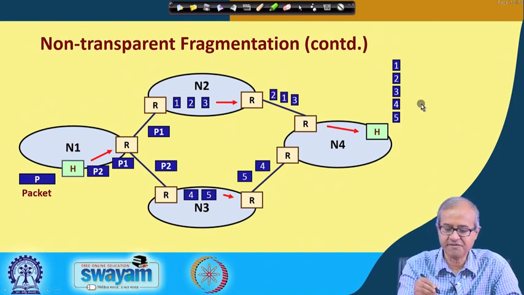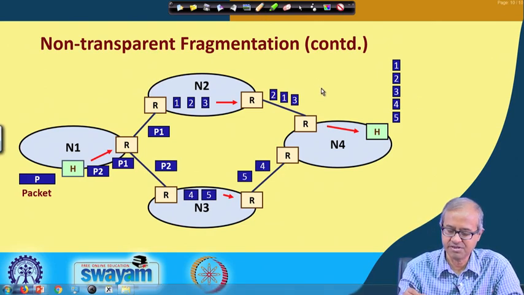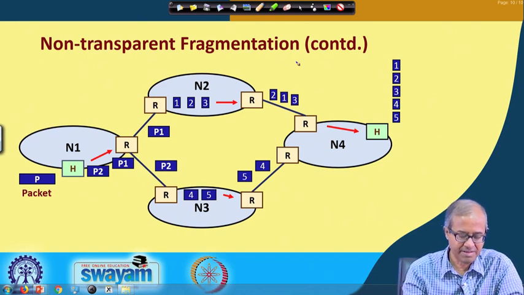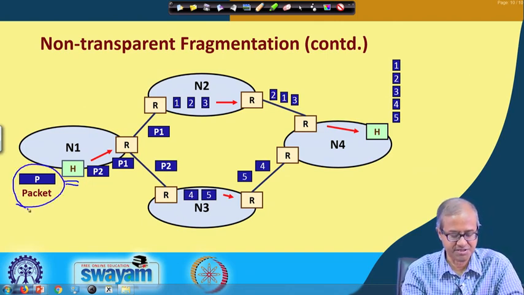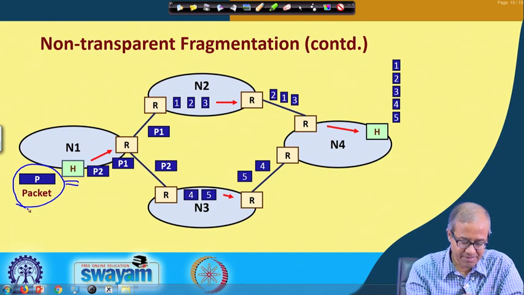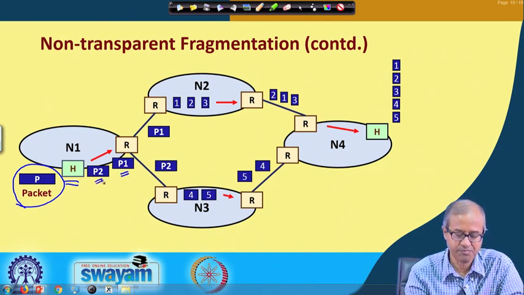Now, let me again illustrate non-transparent fragmentation with an example. Suppose this particular host in network N1 is generating a packet which has to be transmitted. Let us say this packet is large enough, so it is broken up into two fragments P1 and P2.